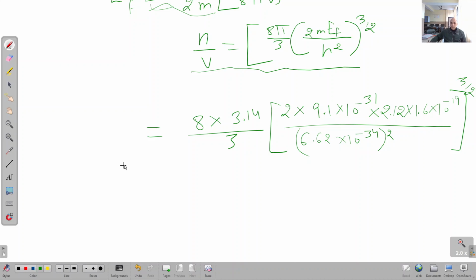Clear? So this is the next expression after putting all the values in this equation, right?